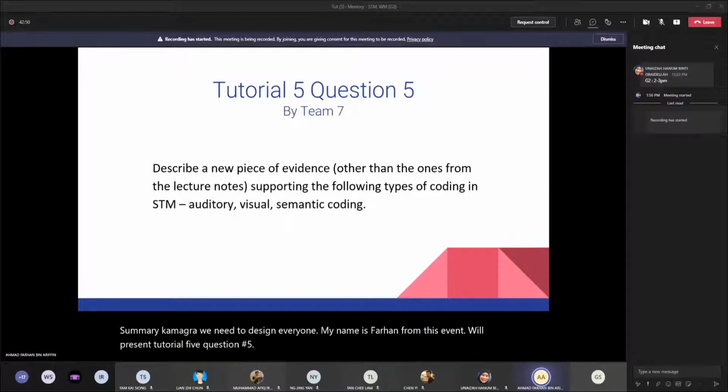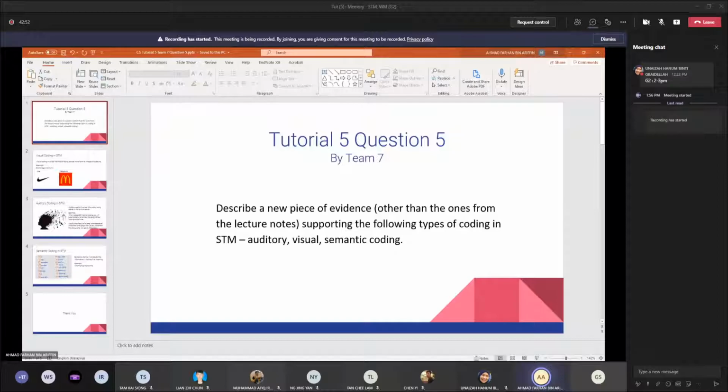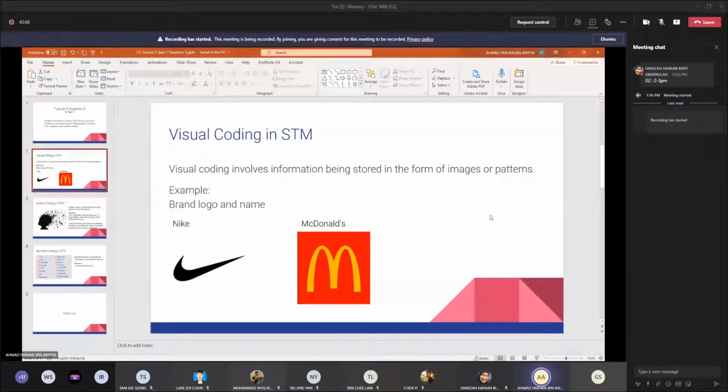The question is: describe a new piece of evidence, other than the ones from the lecture notes, supporting the following types of coding in short-term memory. There are 3 types of coding in STM, which are auditory, visual, and semantic coding. Visual coding involves information being stored in the form of images or patterns, for example brand logos and names. Sometimes we know what the logo is, but we cannot name the company, or otherwise.